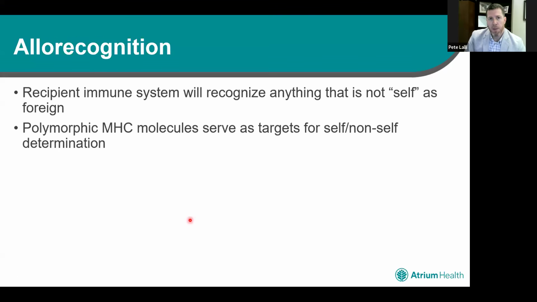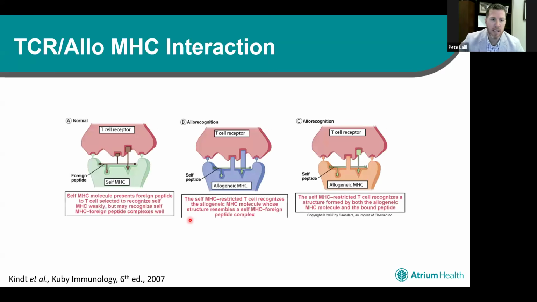So in the case of transplant and in allorecognition, what's happening is a kind of a combination of seeing not only the peptide as being a foreign protein, but it also sees that whole HLA protein as potentially being different as well. So if we look to see how allorecognition actually works, we can look at how the T cell receptor sees what it's looking at.